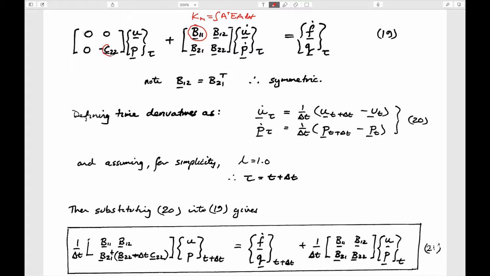This is the Darcy law term, which is A transposed dA dV, where these are the derivatives of the shape functions for the flow equation. These are the derivatives of the shape functions for the solid mechanics equation.